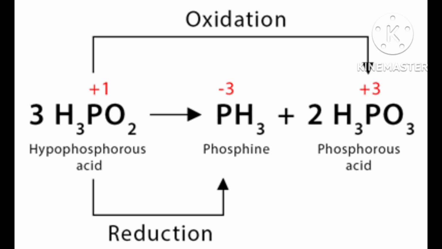Chlorine and bromine follow the same trend, but fluorine will deviate, because it is a highly oxidizing agent. Keep in mind, fluorine does not react with alkali in the same way. Its trend is different. Chlorine and bromine have the same trend, but fluorine has a different trend.